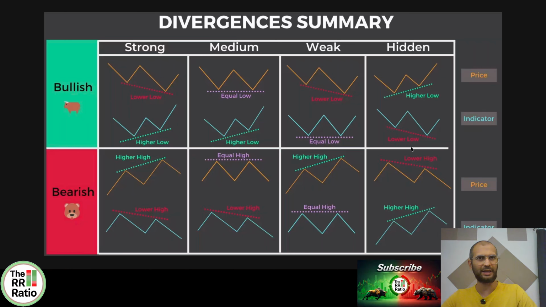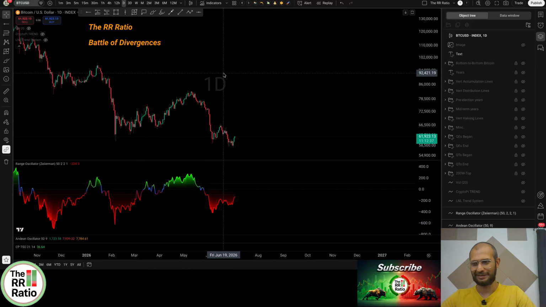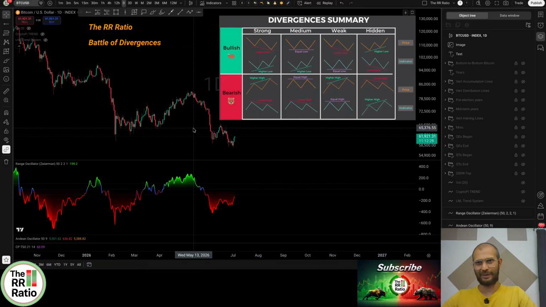But it's good to keep an eye on different types of divergence and make a calculated decision on whether it's a good time to enter or not. But there comes some time during the market where divergences are pretty confusing. And I think that one of those times is right now.